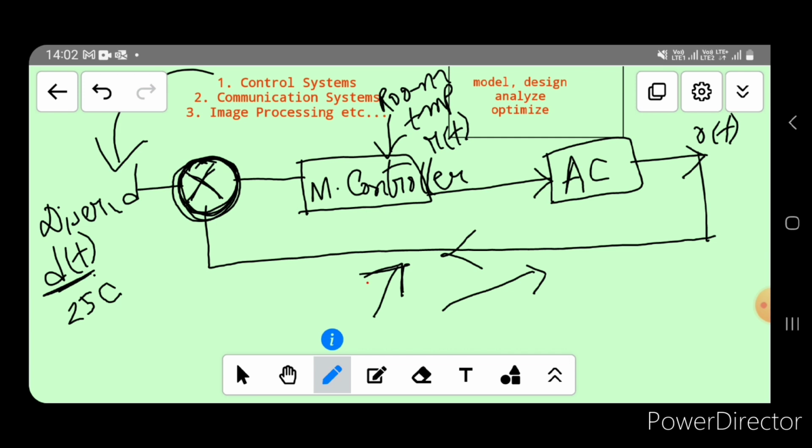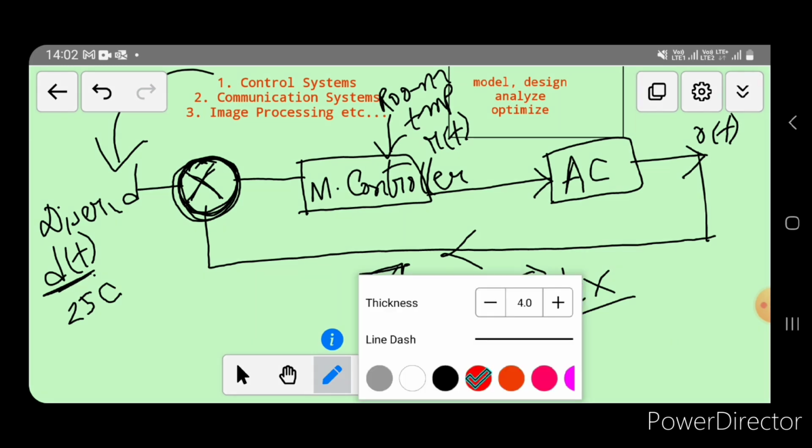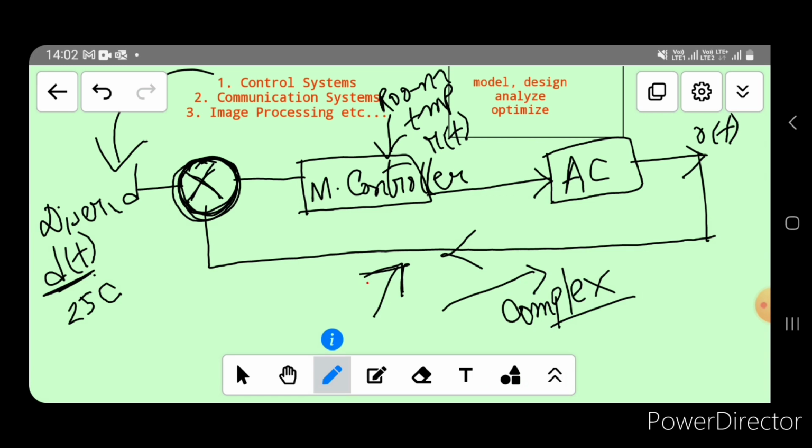So this system is a smart air conditioning system. As we can see, this is a complex system, and here we use two signals, d(t) and r(t), the room temperature signals, to generate a smart air conditioning system.